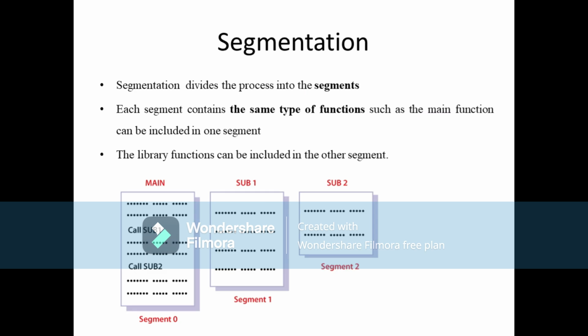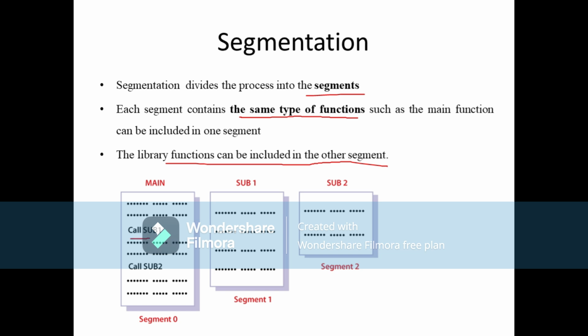Segmentation divides the process into segments. Each segment contains the same type of functions. The main function can be in one segment. Library functions can again be included in another segment. So here is the diagrammatical representation. You see, this is our main function.